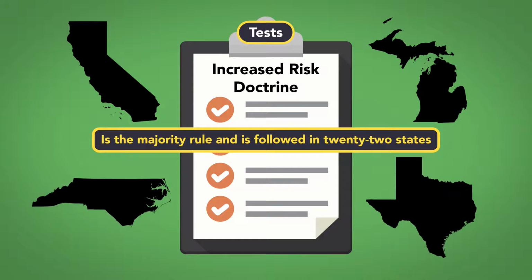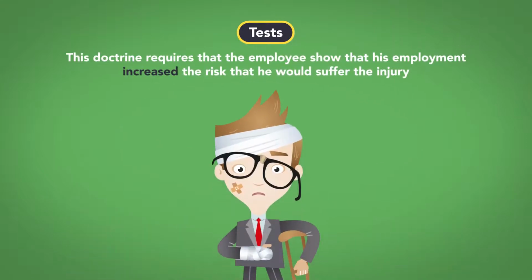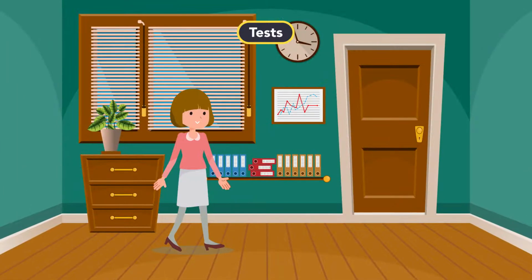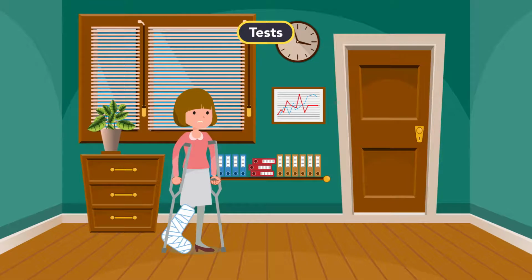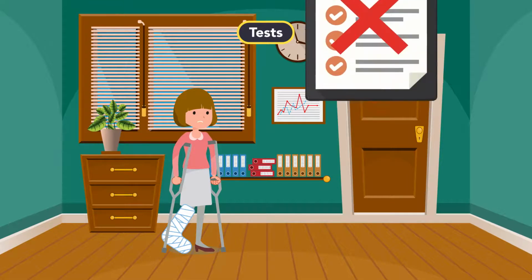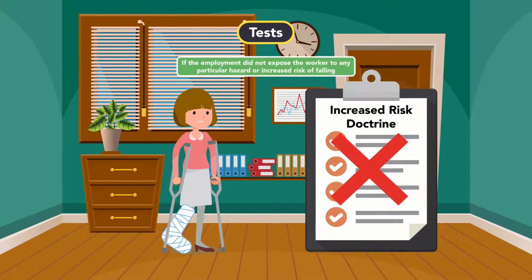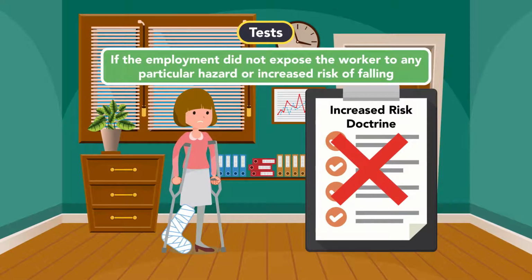This doctrine requires that the employee show that his employment increased the risk that he would suffer the injury. For example, an employee who falls walking to a required employer training may not be able to recover under the Increased Risk Doctrine if the employment did not expose the worker to any particular hazard or increased risk of falling.